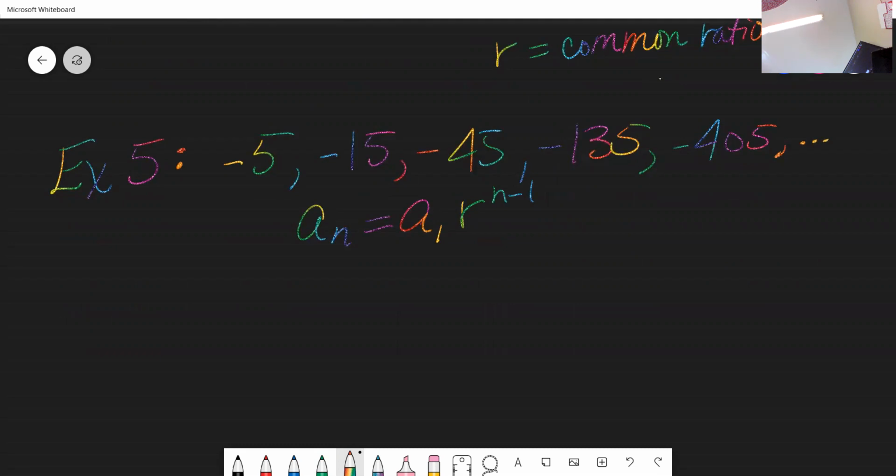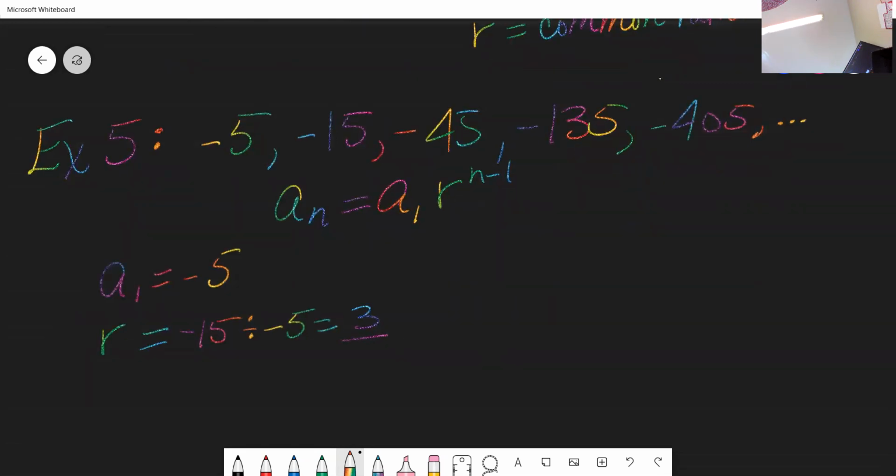And then we just define our parts. So what's A1 in the sequence? All right, so A1 equals -5. What's our ratio? I'm going to calculate it out for us. -15 divided by -5 equals a +3.